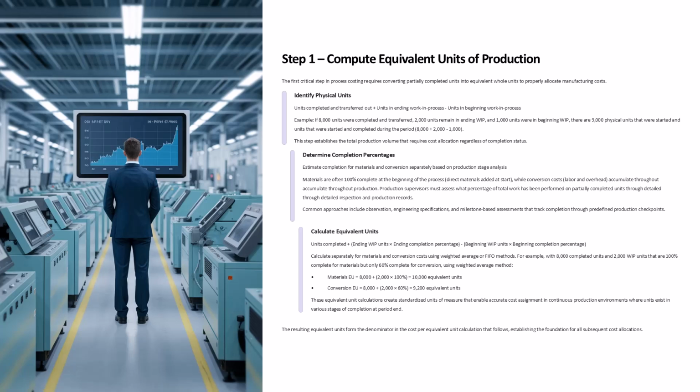Units completed and transferred out plus equivalent units in ending work-in-process inventory equals total equivalent units of production. Picture a coffee processor like Folgers, where some beans are fully roasted and packaged, while others remain partially processed, all converted to a standard equivalent unit measure.